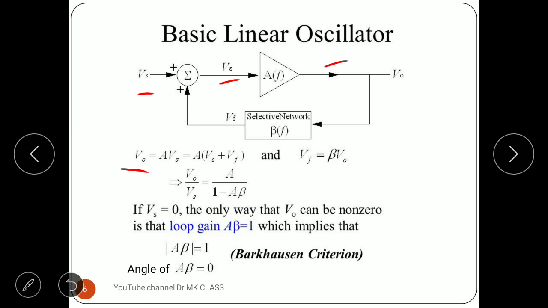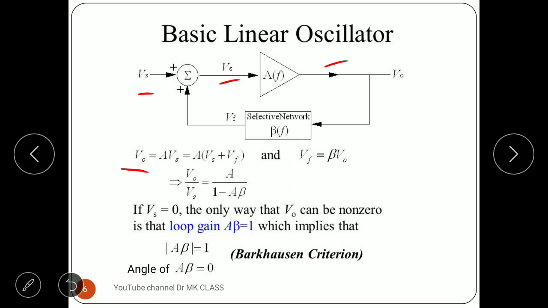So the output is V0 equal to A into Va. Substituting Va equal to Vf plus Vs, and the feedback network is given by Vf equal to beta V0. Substitute these and take the ratio of V0 by Vs, and you will get this equation.